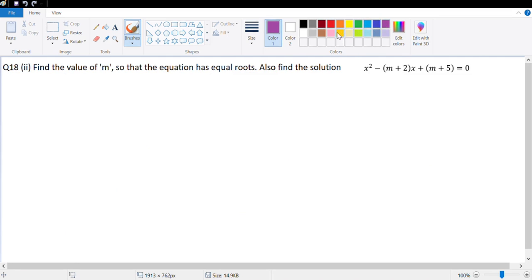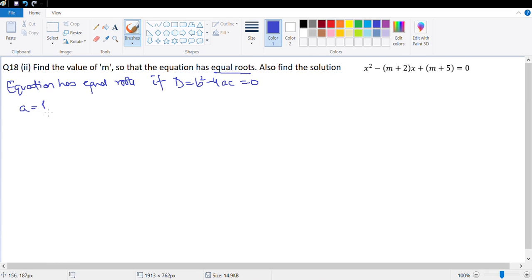Question number 18 says, find the value of m so that the equation has equal roots. Also find the solution. So we know an equation has equal roots only if b square minus 4ac is 0. Now let's compare it to the standard form.